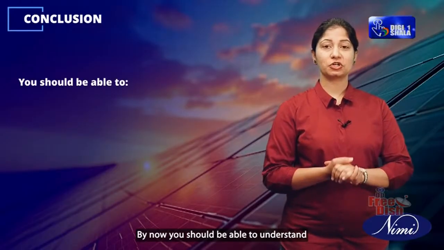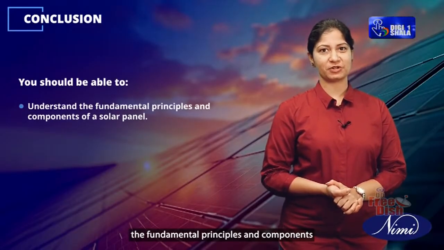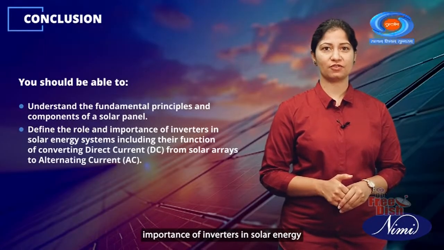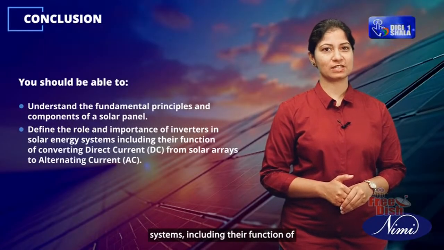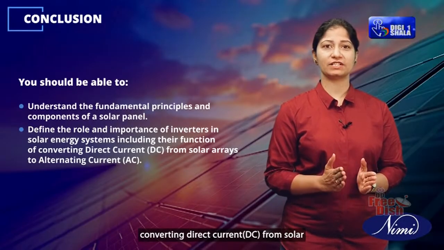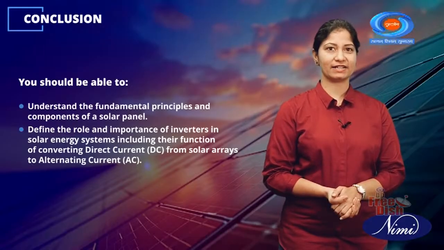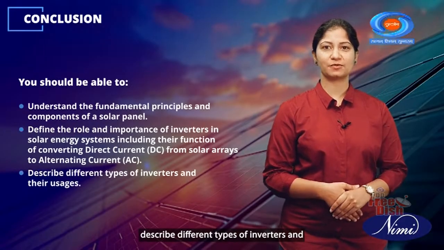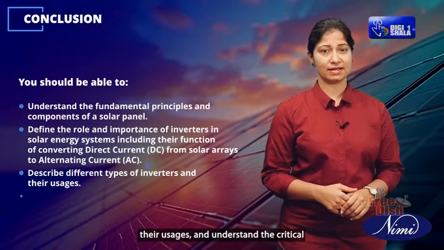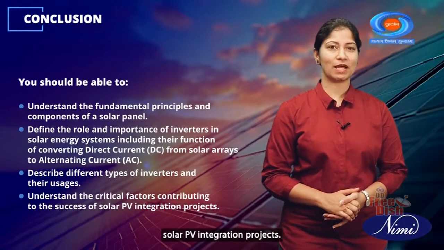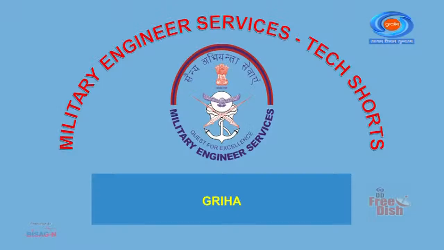By now, you should be able to understand the fundamental principles and components of a solar panel, define the role and importance of inverters in solar energy systems, including their function of converting direct current DC from solar arrays to alternating current AC, describe different types of inverters and their usages, and understand the critical factors contributing to the success of solar PV integration projects.